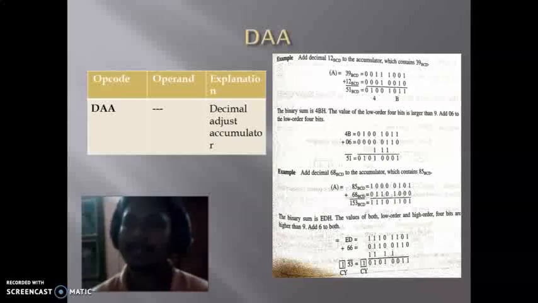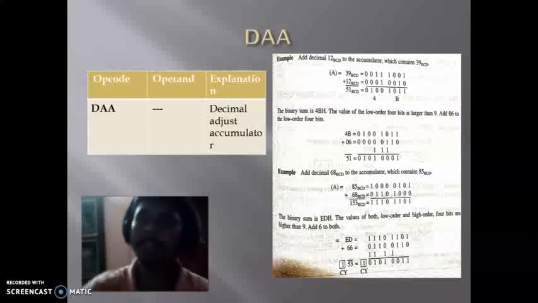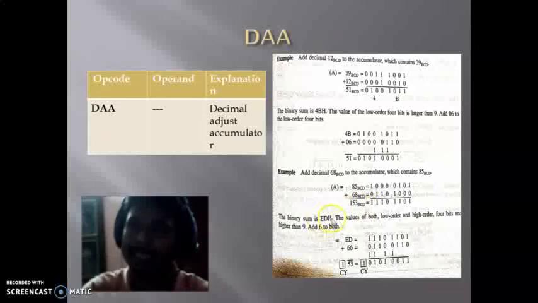And in the next example, add decimal 68 BCD to the accumulator that contains 85 BCD. After addition, we are getting EDH, where the lower nibble and upper nibble are both greater than 9. So we have to add 66 to this result.